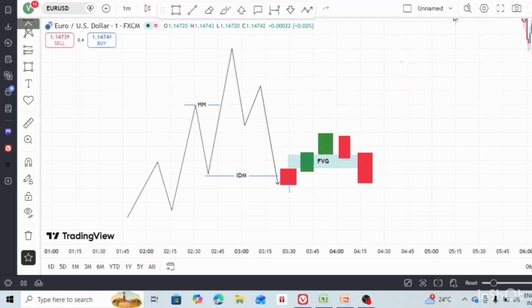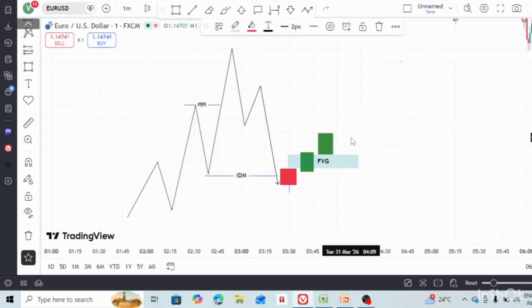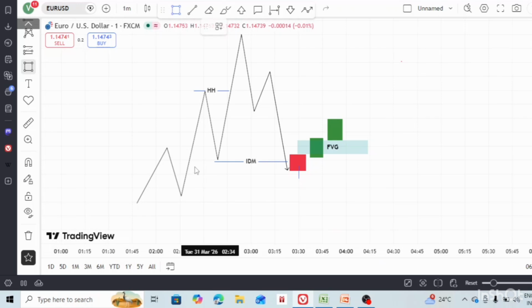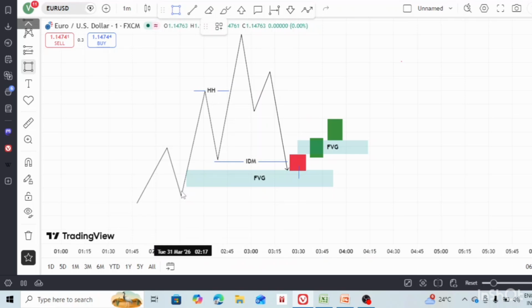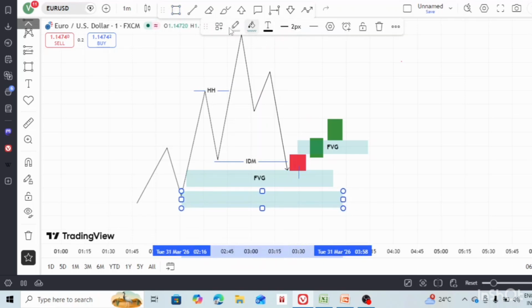But if it did not sweep, and if it swept only one time, then that first gap will be the weak gap, and it can also break the gap. But suppose we have a fair value gap here, or an order block, whatever.